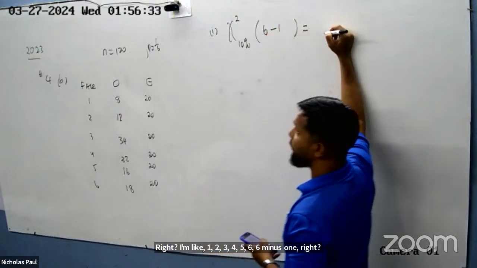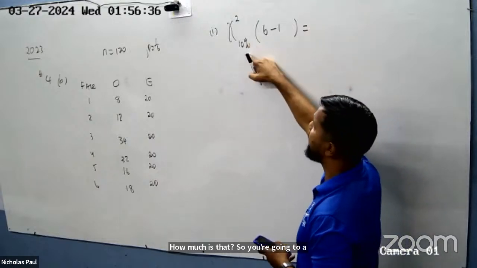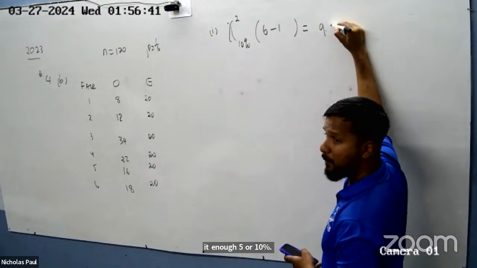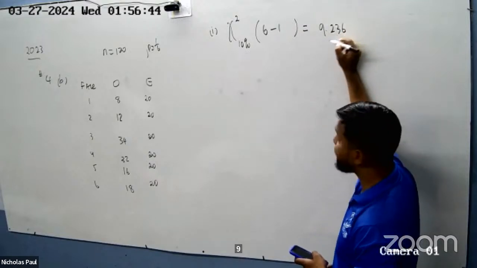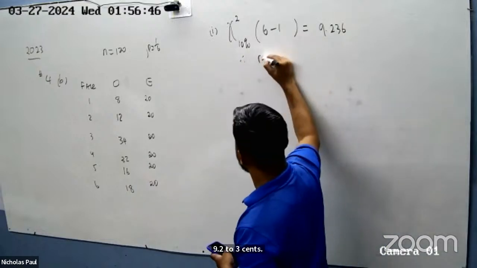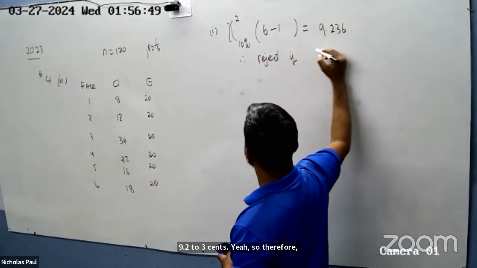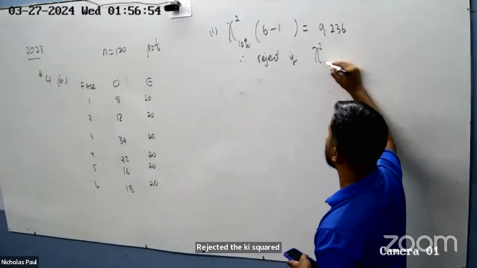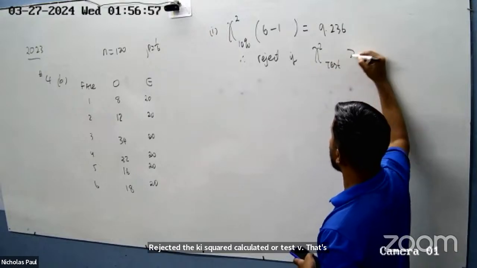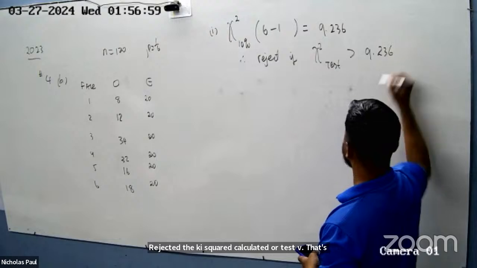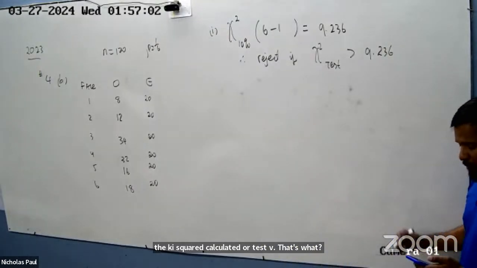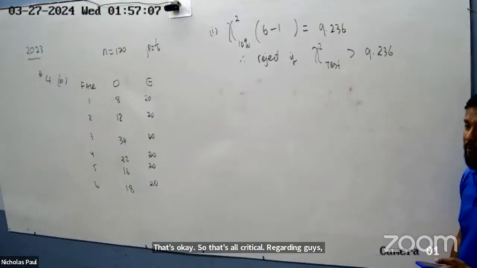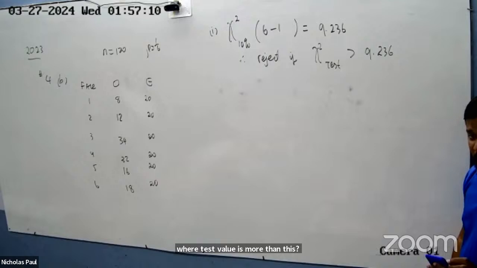Going to the table at 10%, you get 9.236. So we reject if the chi-squared calculated or test value is more than this. That's our critical region. The chi-square test value is more than this, we reject it.